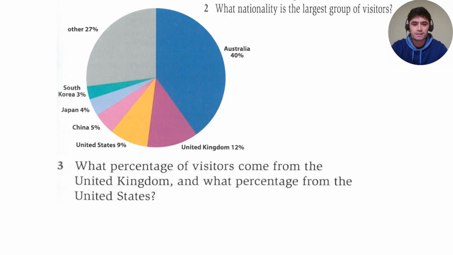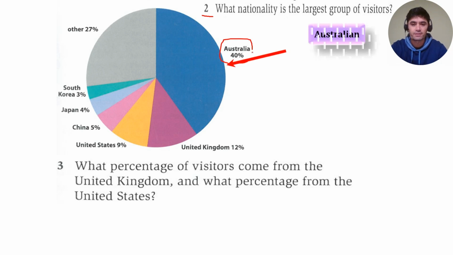Now, still the same pie chart, but we have a different question here. Number 2, what nationality is the largest group of visitors? Now let's find out the largest group of visitors in the chart. So obviously the largest visitors are from Australia, right?